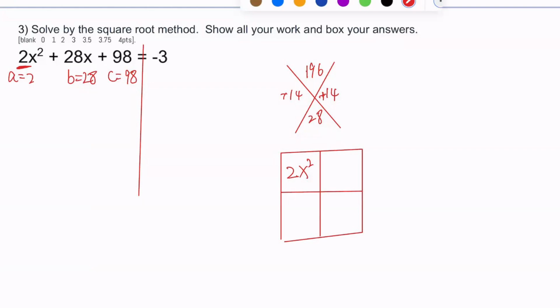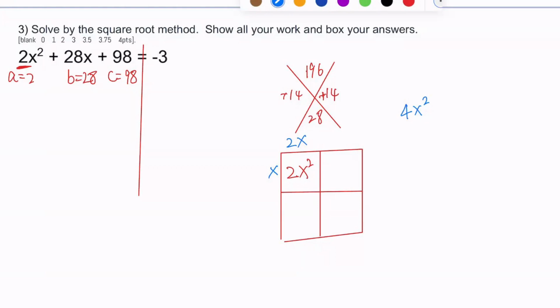But notice that 2 is not a perfect square number. So most of the students write 2x times 2x here. But notice 2x times 2x is actually 4x squared. It's not 2x squared. So in this case, if you want to factor this, it should be 2x times x.